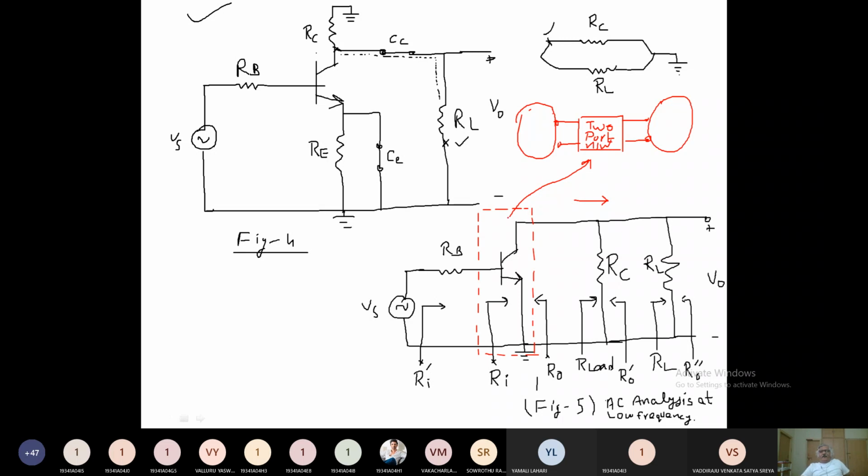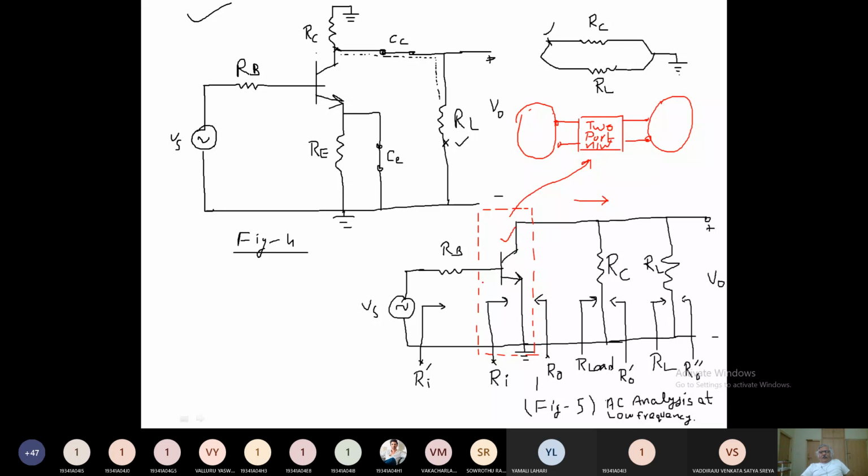The analysis of this red color box will be done by using hybrid parameters, H parameters, or by using the pi model. There are different models required to find the parameters of this red color box, which is a two-port network, the transistor I have drawn inside this red color box.